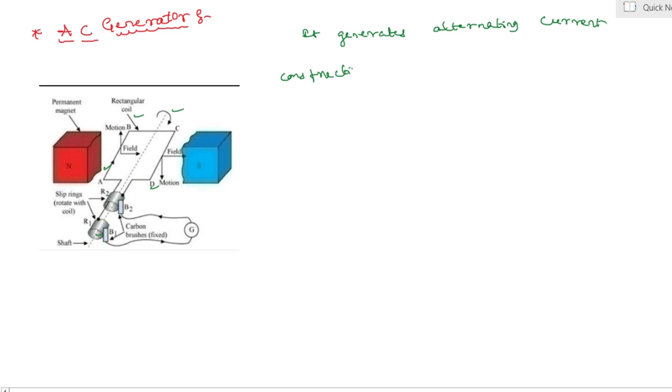Construction of AC generator. An AC generator consists of a rectangular armature ABCD placed in a region of strong magnetic field.